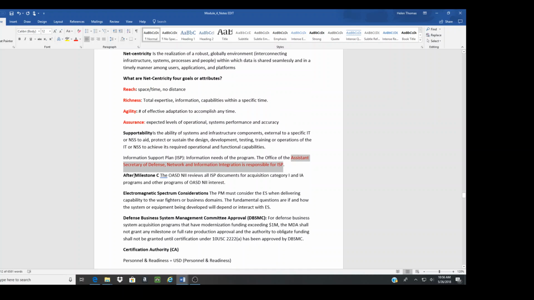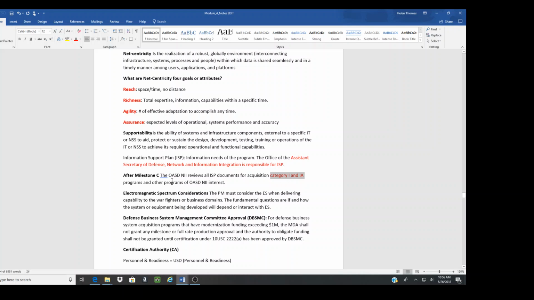Remember, you have milestone A, milestone B, where the acquisition system begins, and milestone C, where you go into full production and sustainment. At milestone C, the Office of the Secretary of Defense, Network and Information Integration, reviews all ISP documents for acquisition categories 1A, because ACAT 1 is your traditional, your vehicles, your trucks, and 1A is information automation systems and other programs.